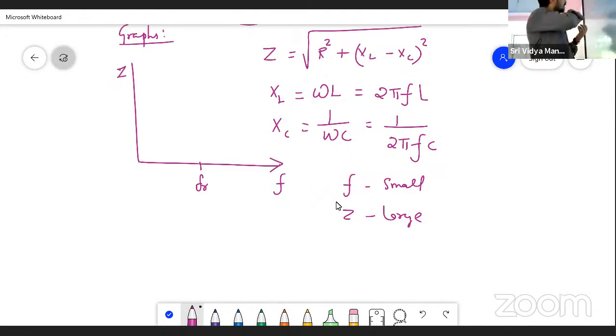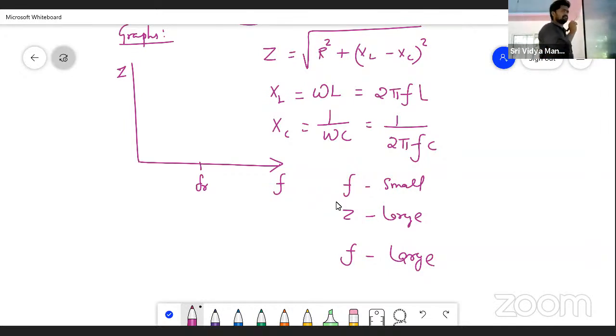After the resonance condition, above the FR value, the frequency increases. If the frequency is large, the circuit behaves as an inductive circuit. It's very important, listen to me.